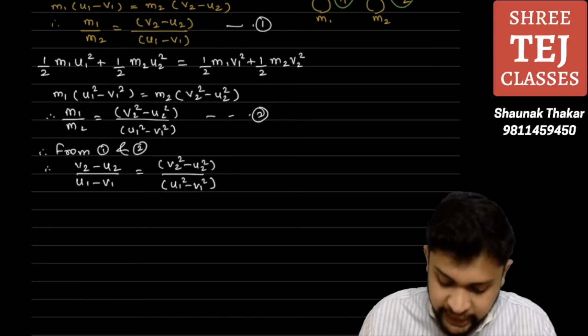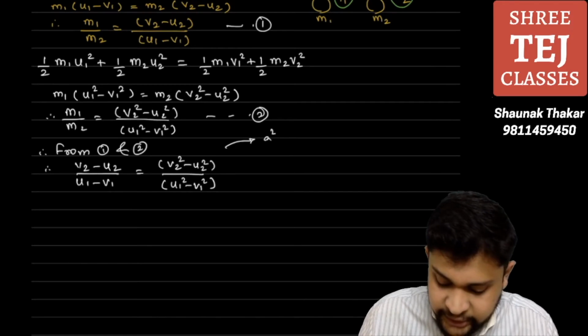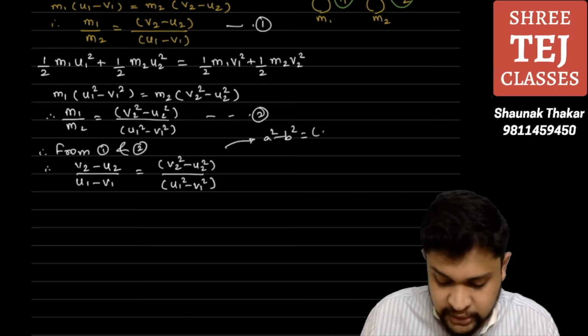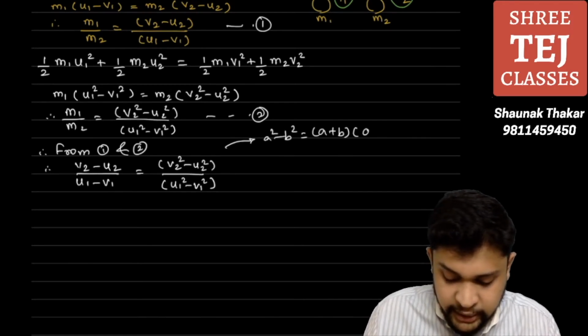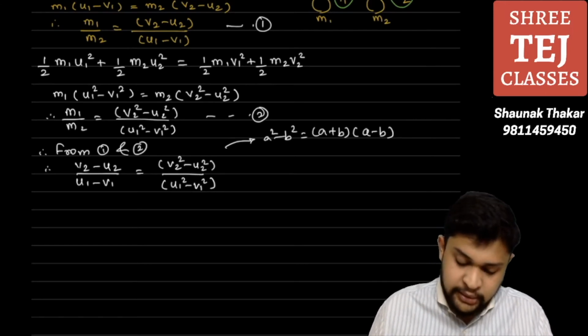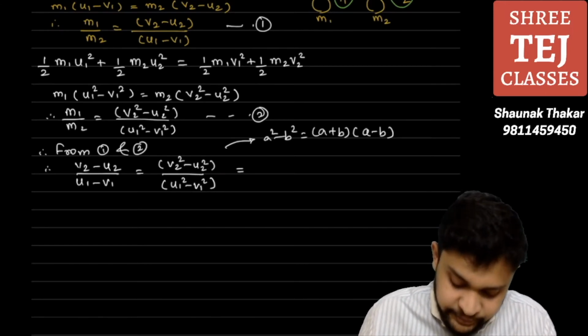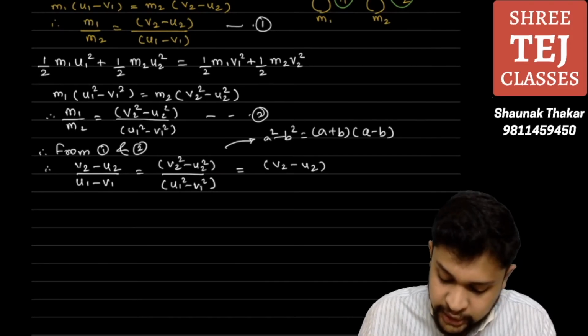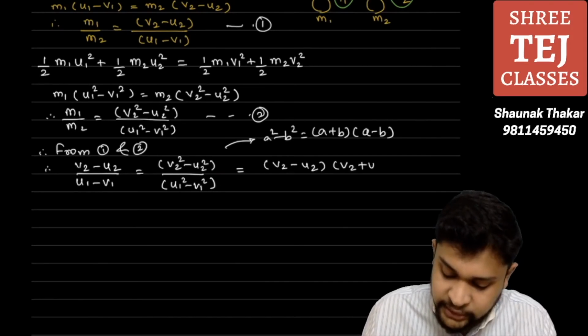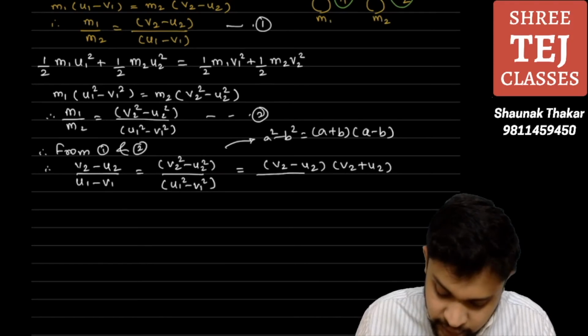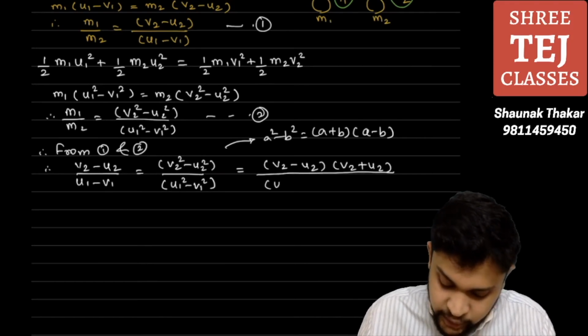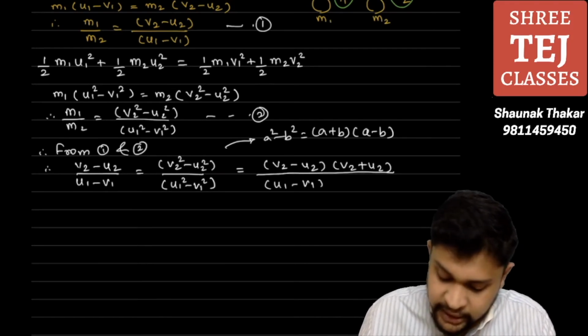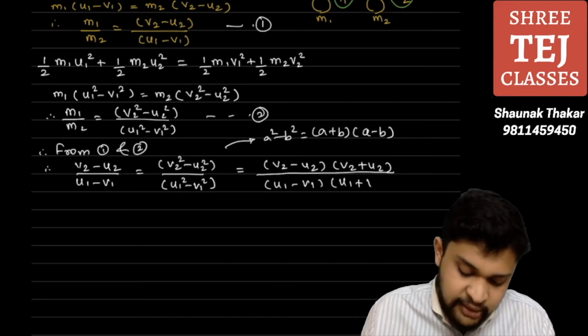Now here we can apply the identity a² − b² = (a + b)(a − b). So this will become (v2 − u2)(v2 + u2) divided by (u1 − v1)(u1 + v1).